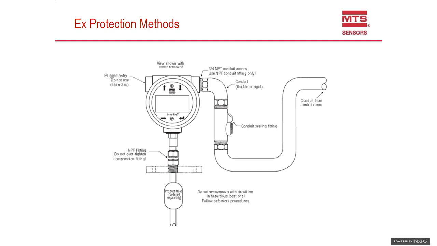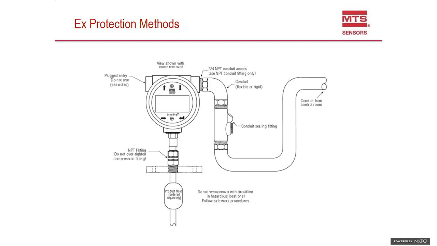The device, in this case the level transmitter, has to be connected using explosion-proof conduit, seals with poured seals or seal-offs, and any of the fittings or junctions themselves. All these things must carry an explosion-proof or flame-proof rating, and it must carry the same rating as the area where it's going to be installed.